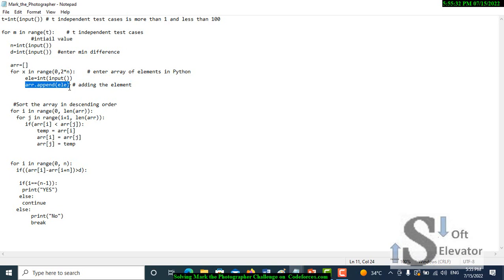Then I will arrange the array of heights in descending order. So the first one will be the maximum height, and the second is less, and so on. And here I will do a comparison.